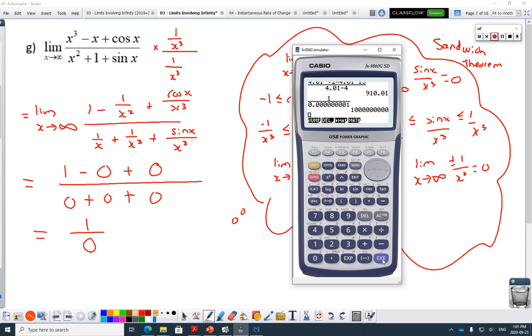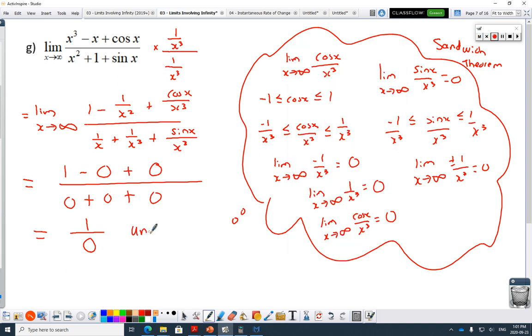So, in a limit, I'm going to give 2 answers here. I'm going to say undefined. Actually, I'm going to give 3 answers here. 1 over 0 is undefined. But for us in limits, that means something very specific. That means positive infinity. Maybe it means does not exist.